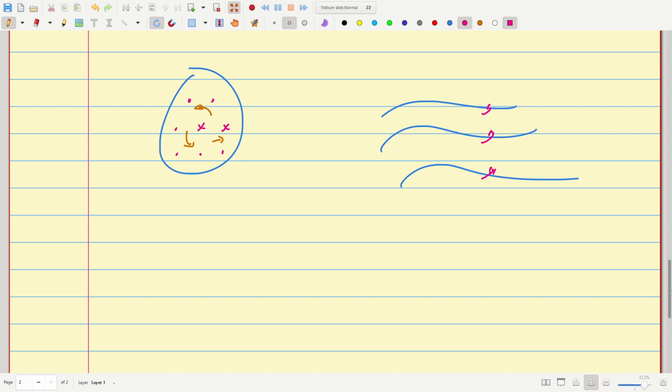It can translate this way, up or down. It can translate left or right, but it can also twist. We can imagine the streamlines twisting. And Stokes' theorem essentially is measuring the total amount of twisting that happens in the streamlines that pass through the surface in that vector field.